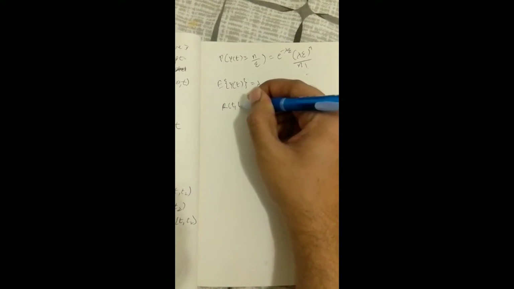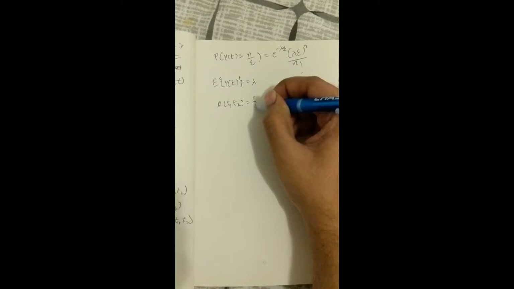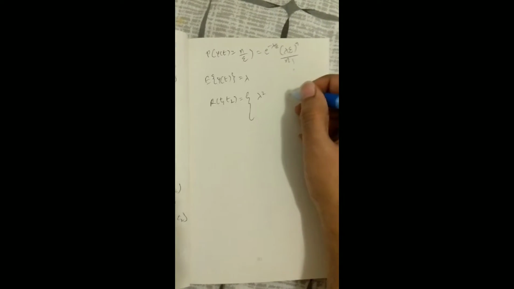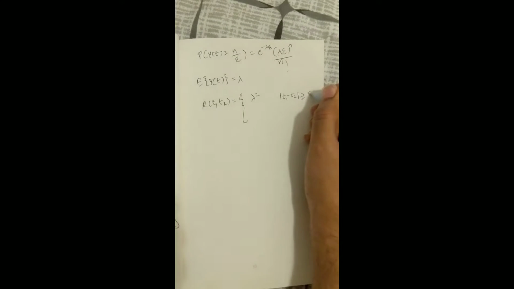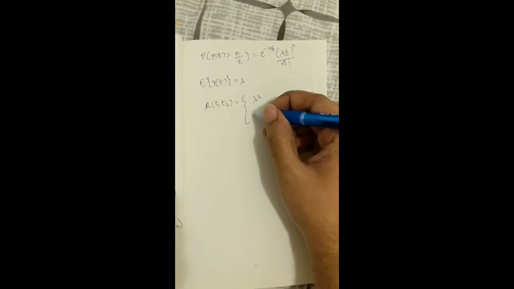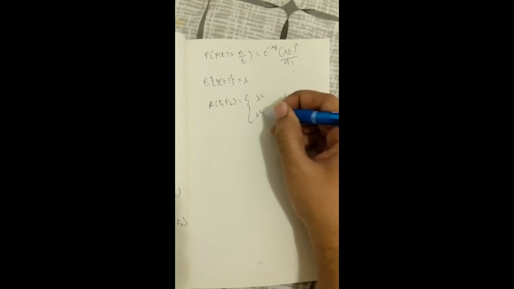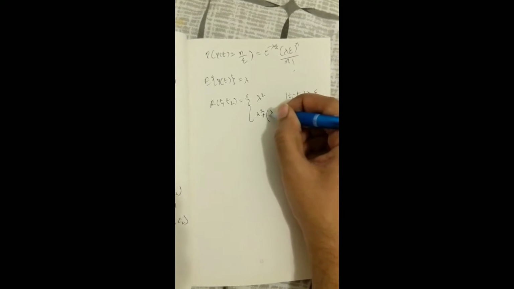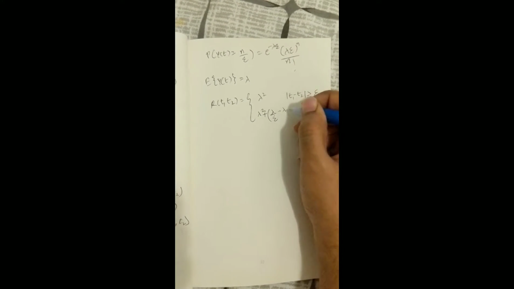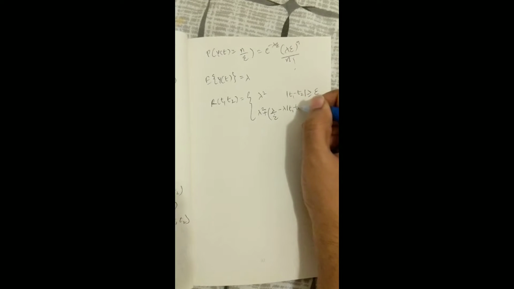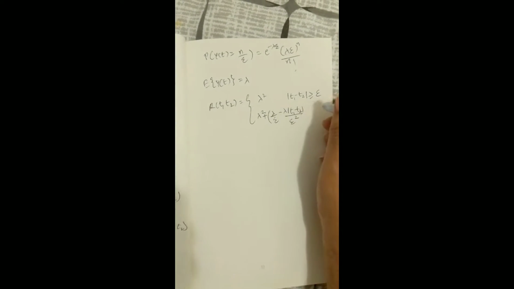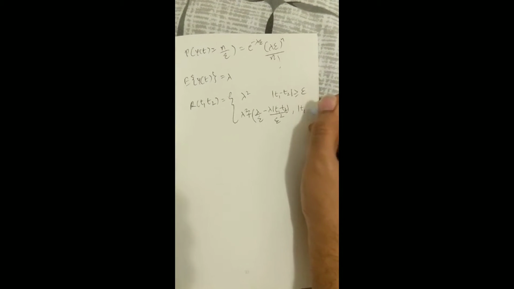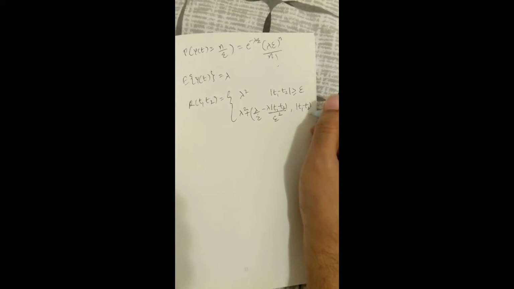Autocorrelation is given by lambda square for modulus of t1 minus t2 greater than or equal to e, or lambda square plus lambda by e minus lambda mod t1 minus t2 divided by e squared if modulus of the difference is less than e.